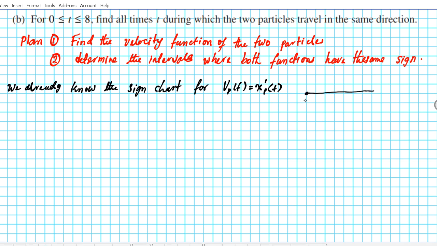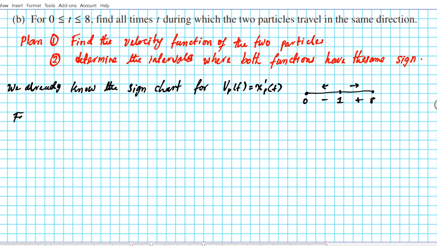We know that from 0 to 1, it has a negative sign, which means it's going to the left. And then from 1 to 8, the velocity has a positive sign, which means it's going to the right. So our focus now, or most of the work, is going to be with particle Q.